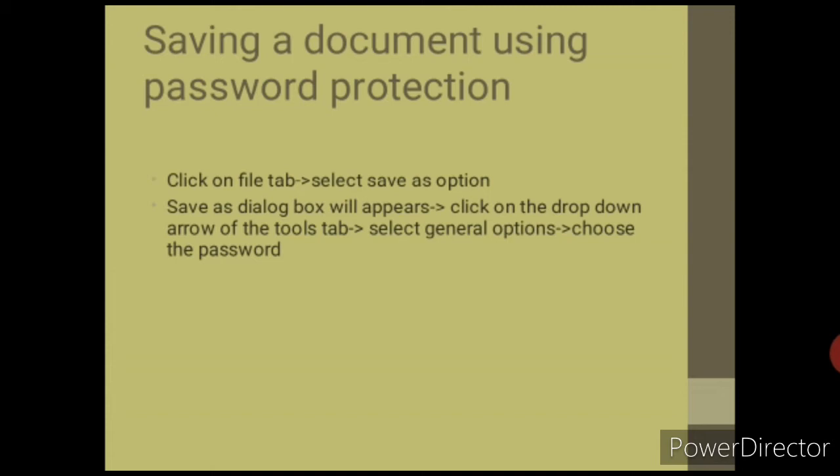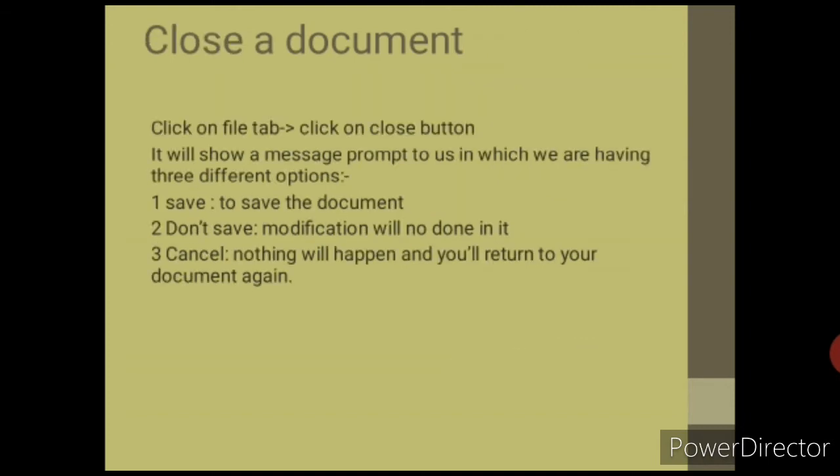When you click on Save As, a dialog box will appear where we have a drop down menu. A drop down arrow will appear. Just click on it, and you can see there we have the General Options. Click on that and choose a password as per your requirement. Okay, so your document will be saved with the password.